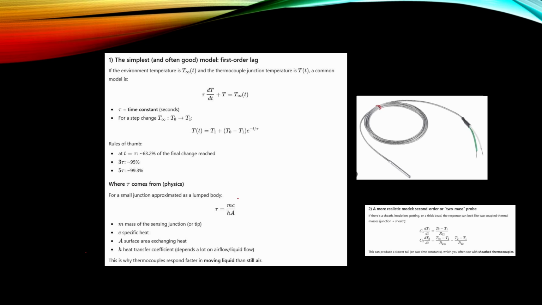So we can say that the smaller the mass of this thermocouple tip is, the faster is this thermocouple, and the higher this convective heat transfer coefficient, the faster is our thermocouple.